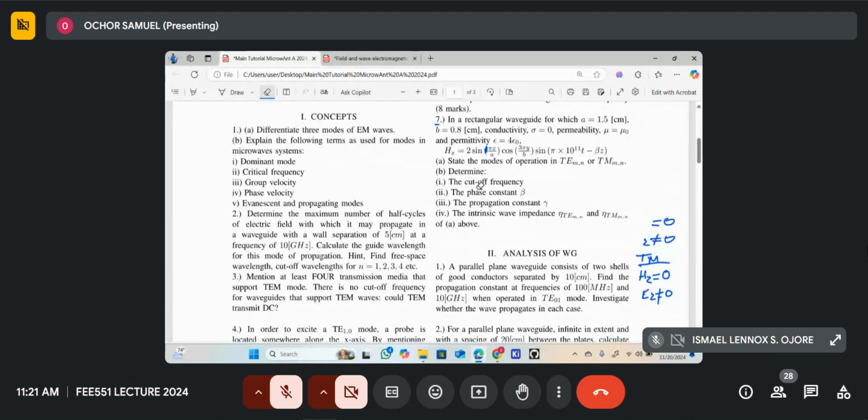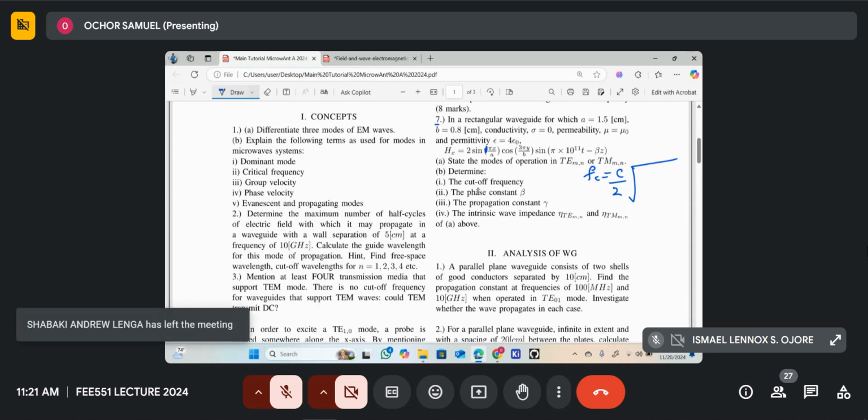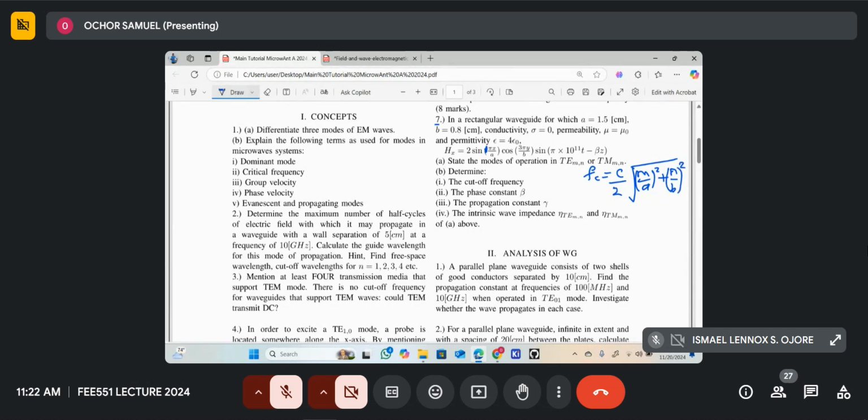So we'll just use the formula for cutoff frequency that we know. Eriko, is that okay?